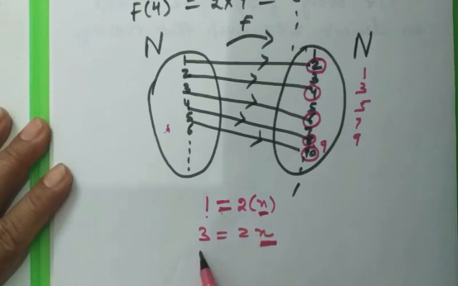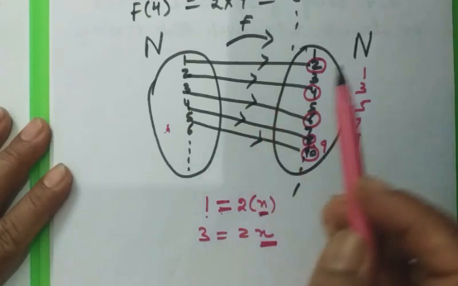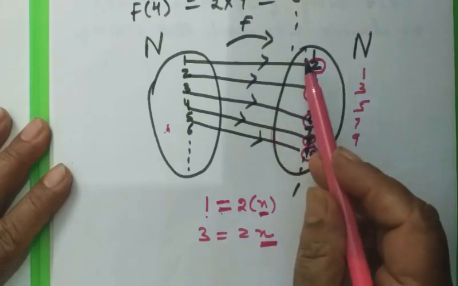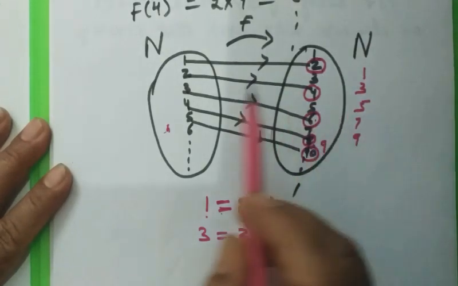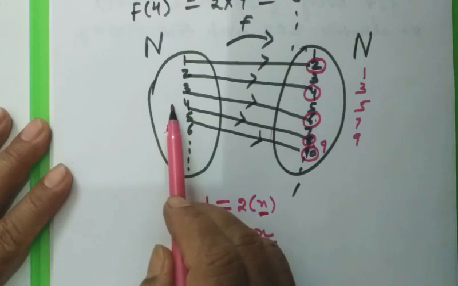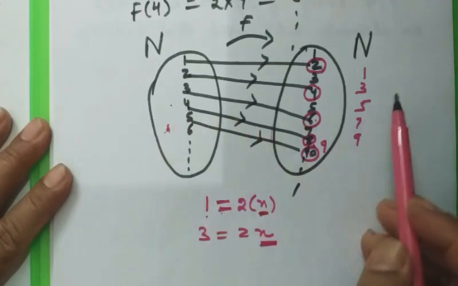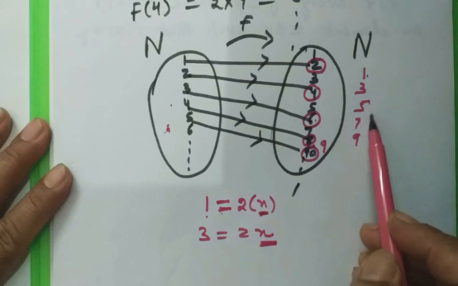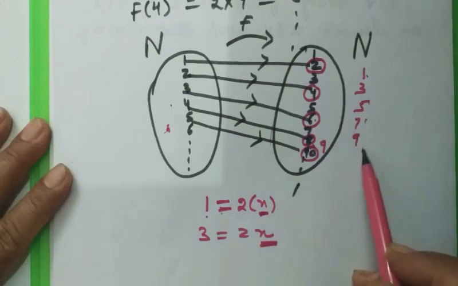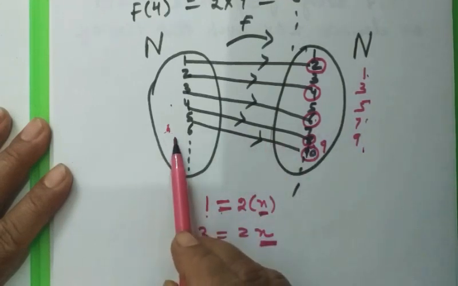So, what is happening here is that in the codomain set, some elements are images of some elements of the domain set, but there are some elements like the odd natural numbers which are not the image of any element here.